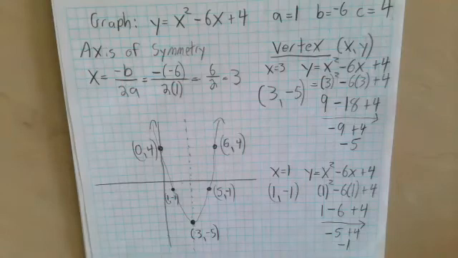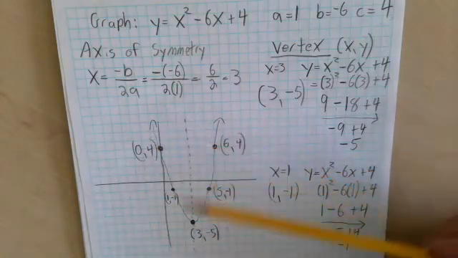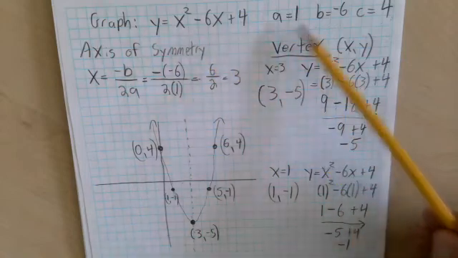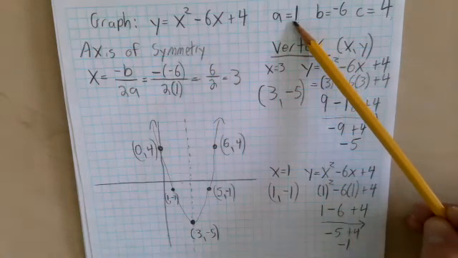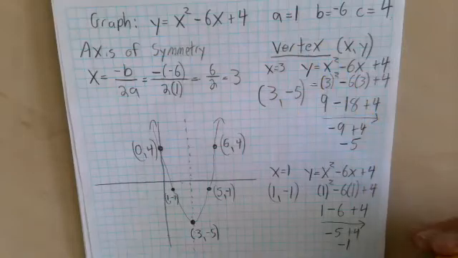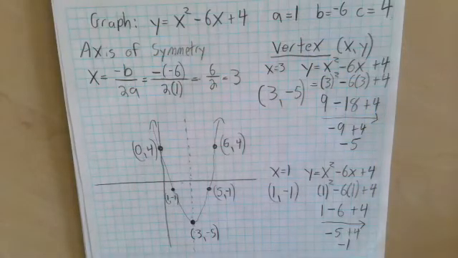We could do the table method for this, but we can also utilize all these characteristics of a parabola and do it that way too: finding the vertex, finding the axis of symmetry, finding the y-intercept, and reflecting some of those points on the other side of the axis of symmetry. I also want to point out that our parabola opens upward because our A term was positive. So it all makes sense and all connects.